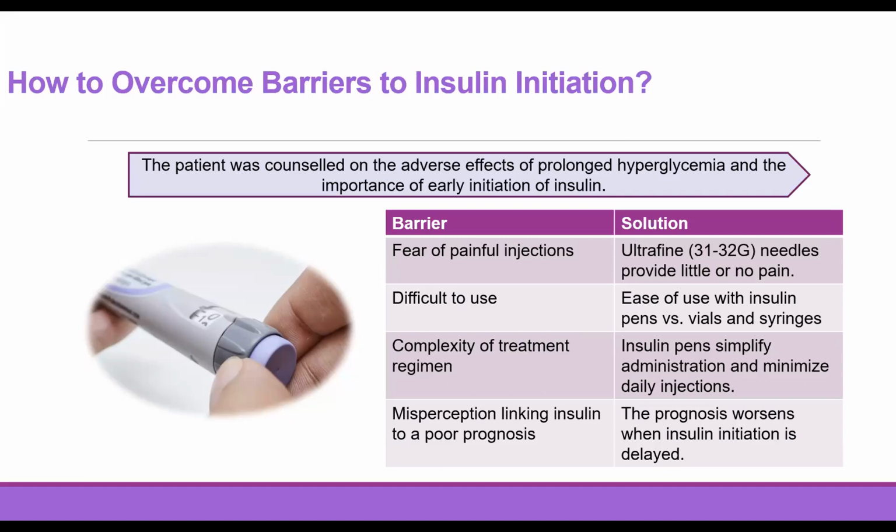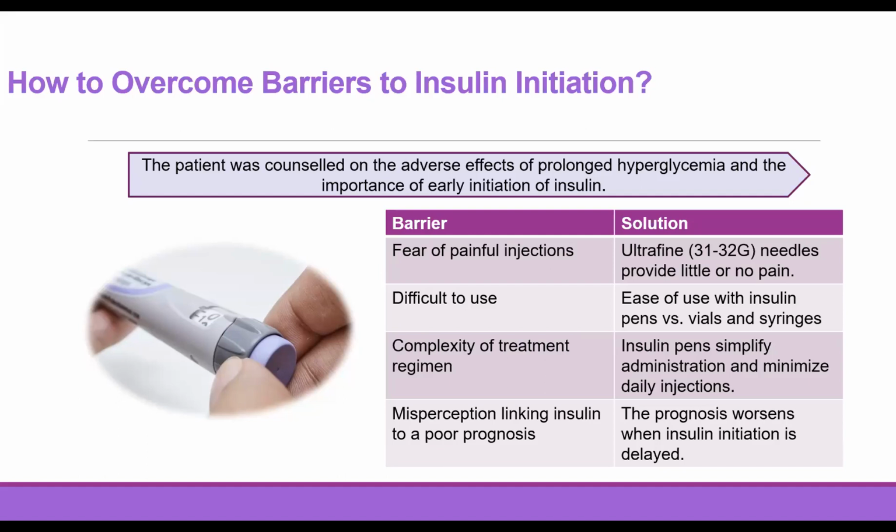The pen is very useful and very convenient, and it ensures that the patient is receiving the exact dose. As the patients are using a pen, the needle is very fine, so it is almost painless. I feel the insulin pen has revolutionized insulin management, and made it very simple on the part of the patient and also on the part of the physician treating the patient with insulin therapy.